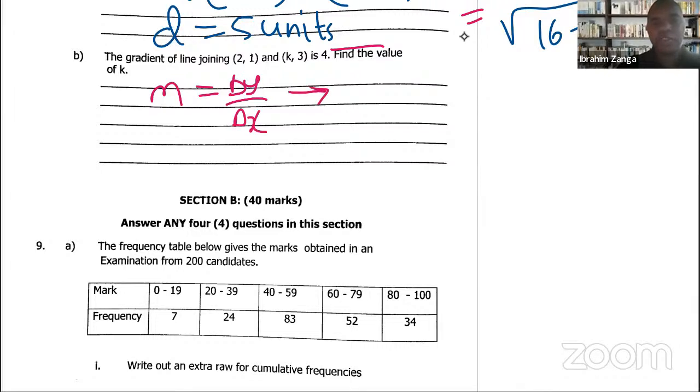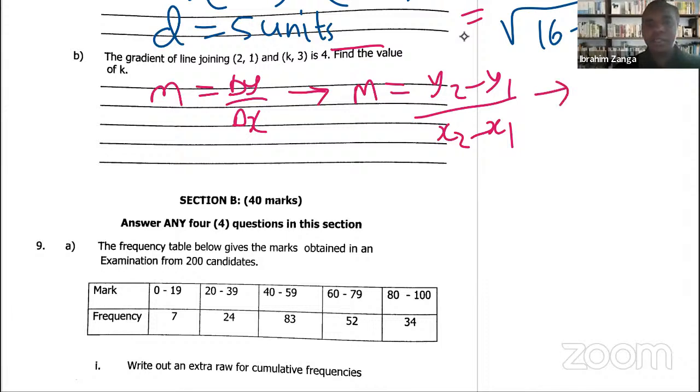For our case now, we're going to say gradient equals y2 minus y1 over x2 minus x1. It implies that 4 equals 3 minus 1 over k minus 2.